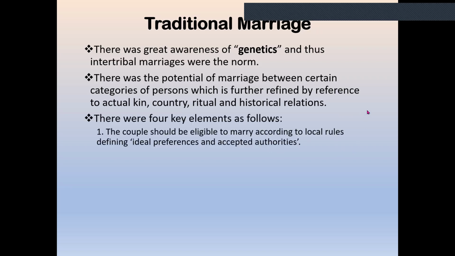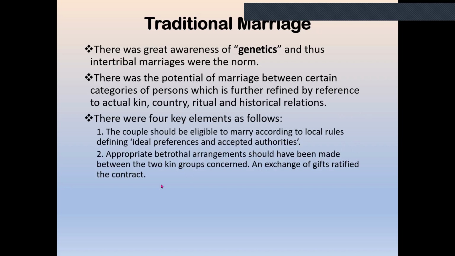So there were 4 parts, 4 elements to get married. They had to be eligible to be married according to the local rules. There were appropriate betrothal arrangements which had been made between the 2 kin groups. So what's new, right?